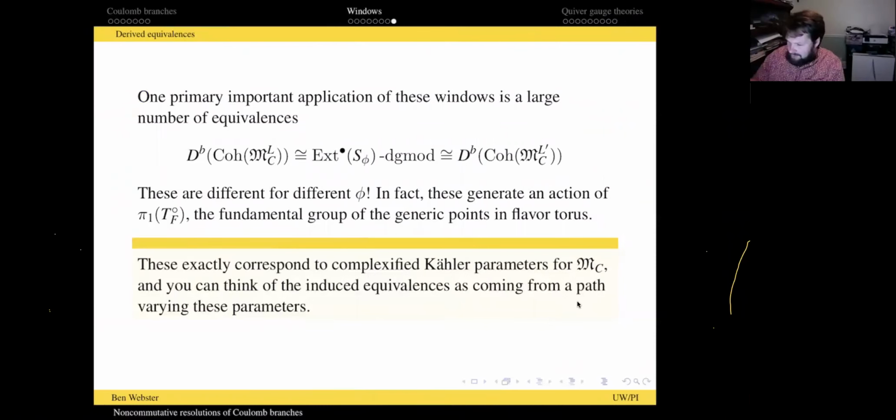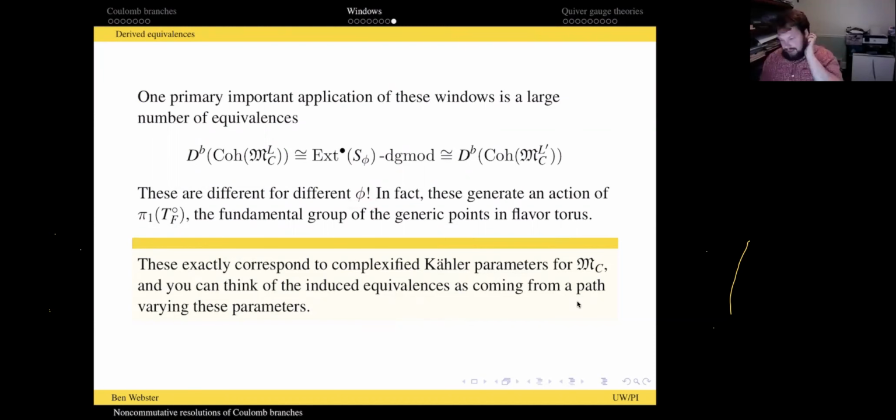All right. So one of the reasons that I mentioned at the start that we would be interested in these windows is we get equivalences between coherent sheaves for different resolutions. You get different equivalences for different phi.